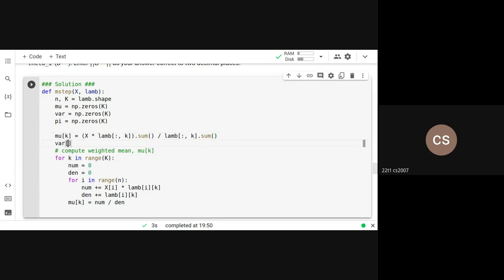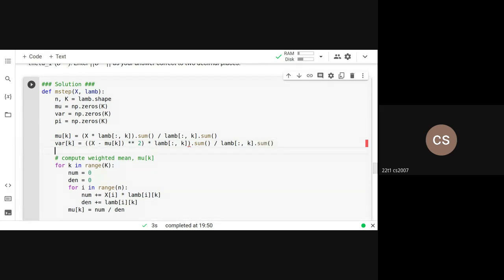Variance of k likewise is: I just need to subtract my mu k from each data point and square it. So x minus mu whole square, into lambda. Again, I have to weight it with lambda, right? Sum this, divided by the sum of all lambdas for that particular k.